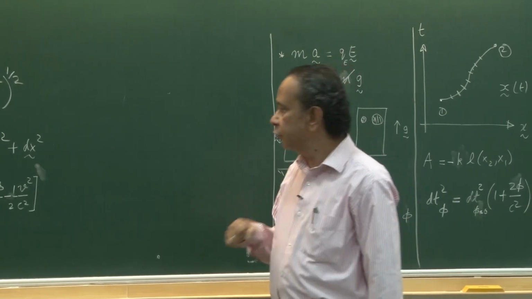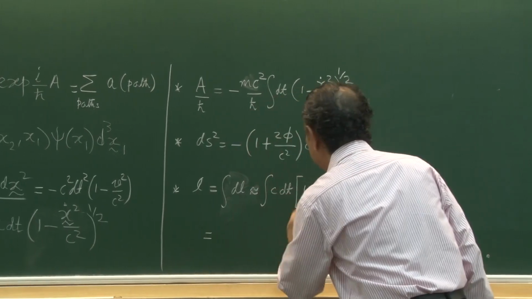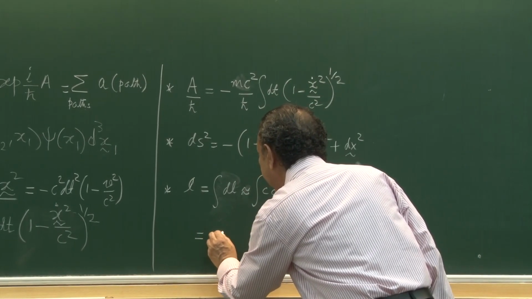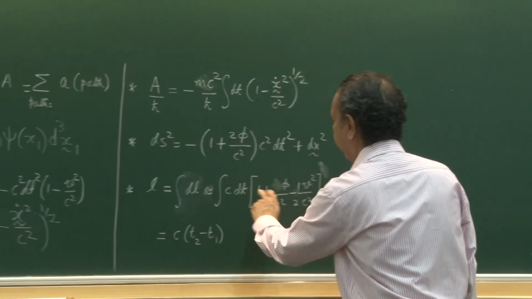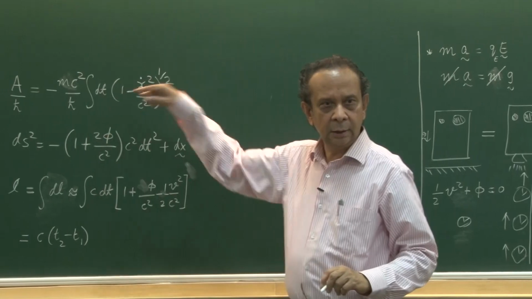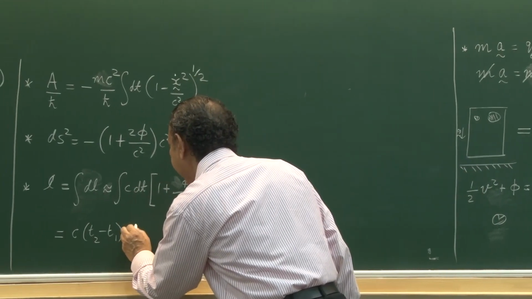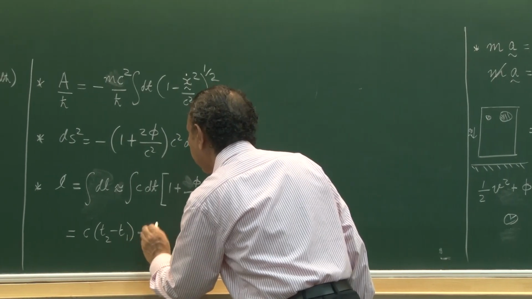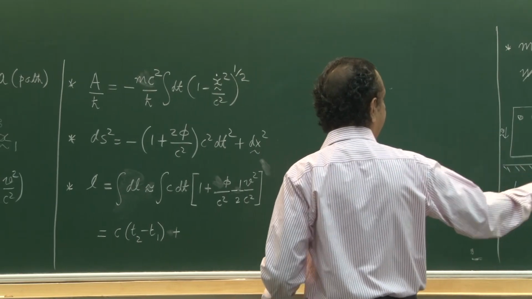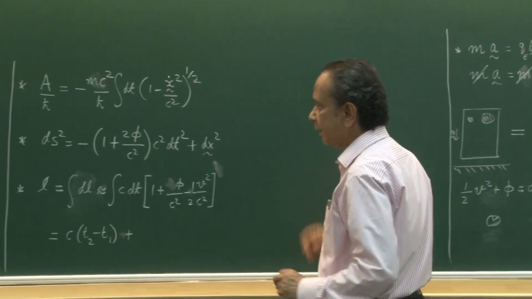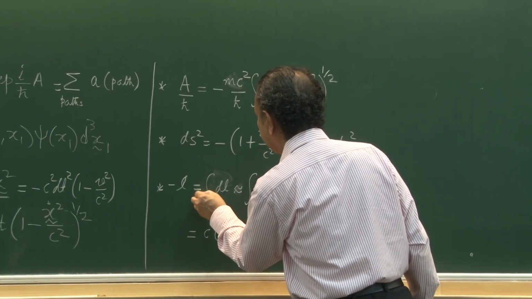Okay. So, you have this, and you are going to get first a c dt, that will be c into t2 minus t1. I can integrate that quantity, c dt between 2 points 1 and 2, that is c times t2 minus t1. Then you take the rest of it. Actually, at this stage it is also more convenient to take this minus kl, and that k is minus mc. So, let me at least put a minus sign, that will make life a little easier later on.